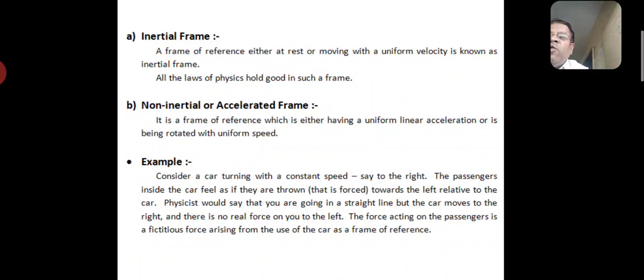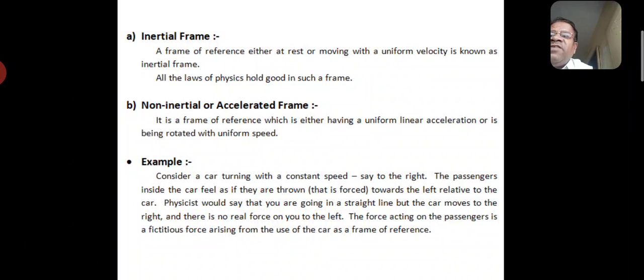The corresponding frame of reference is known as a non-inertial frame. In a non-inertial frame, laws of physics do not hold good.